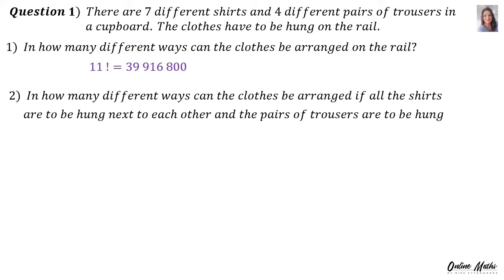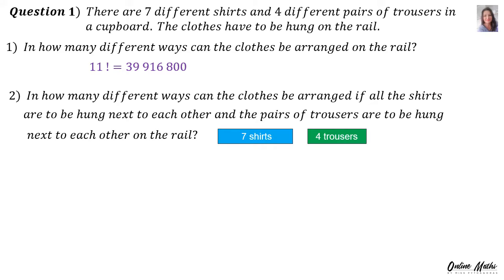Question 2. In how many different ways can the clothes be arranged if all the shirts are to be hung next to each other and the pairs of trousers are to be hung next to each other on the rail? Now this means, in fact, there's a group where you will find the 7 shirts, and then there's a group where you will find your 4 trousers. But within the group of shirts, you still get 7 factorial times, and within the 4 trousers you still get 4 factorial times, and then the 2 factorial, that is now for the 2 groups.